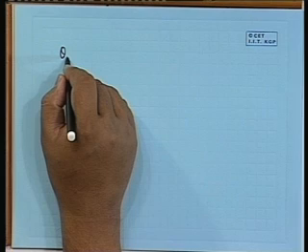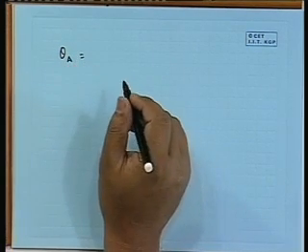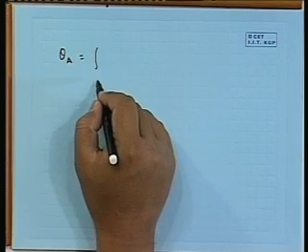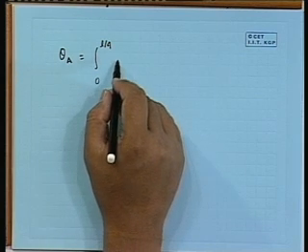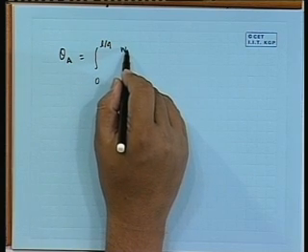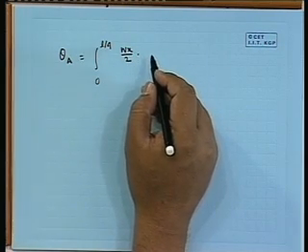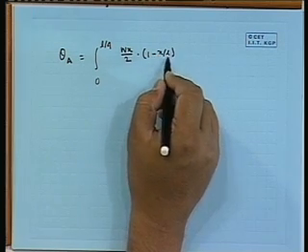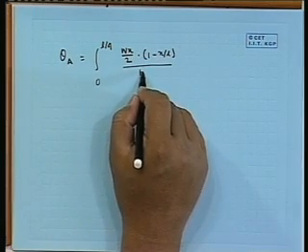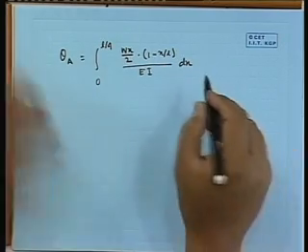So we can write theta A. It should be the integral from 0 to L by 4, capital M was Wx by 2, small m was 1 minus x by L, divided by EI dx, right.